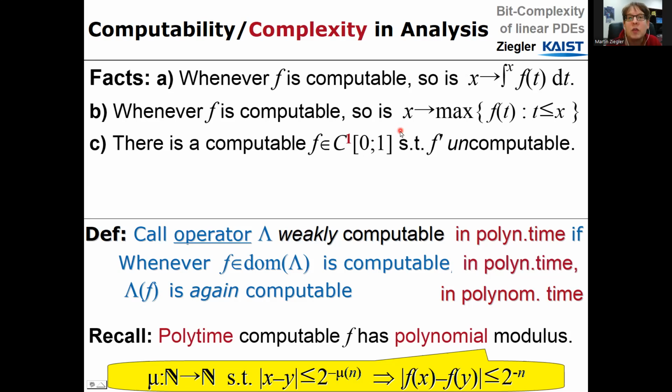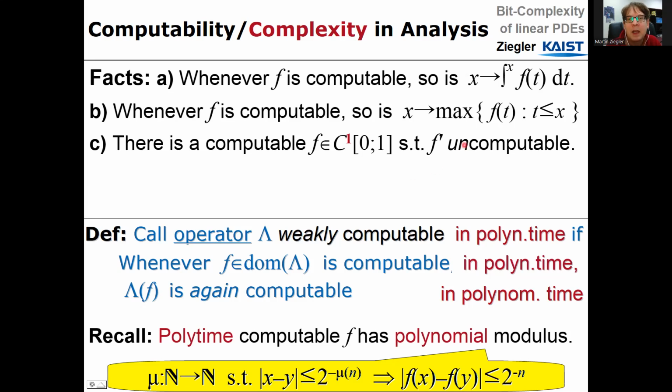Uncomputable operators include, for example, differentiation. There's a famous counterexample, namely a computable, continuously differentiable function whose derivative is not computable. So we must be very careful when we talk about differentiation in a rigorous setting, not to mention automatic differentiation.